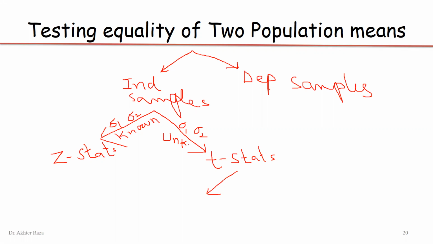One of them is known as the pooled t-test, and the other is called the non-pooled t-test. And the dependent sample t-test is known as the paired sample t-test.